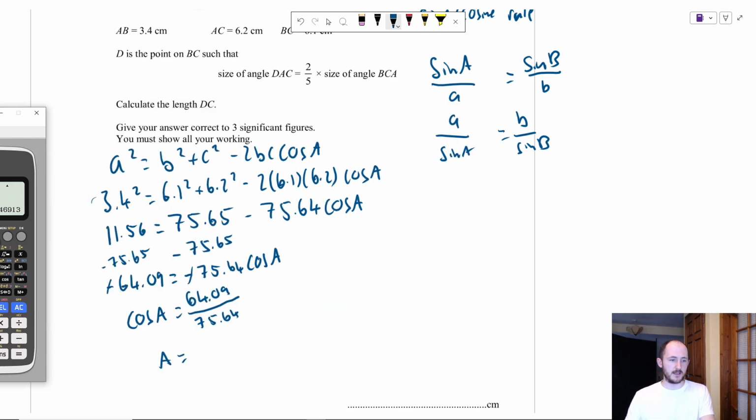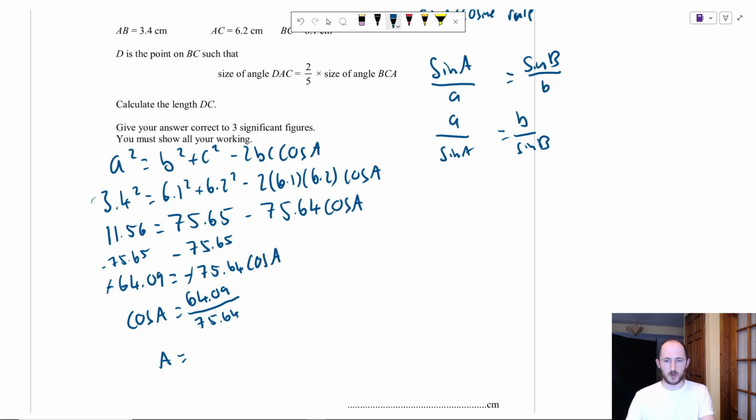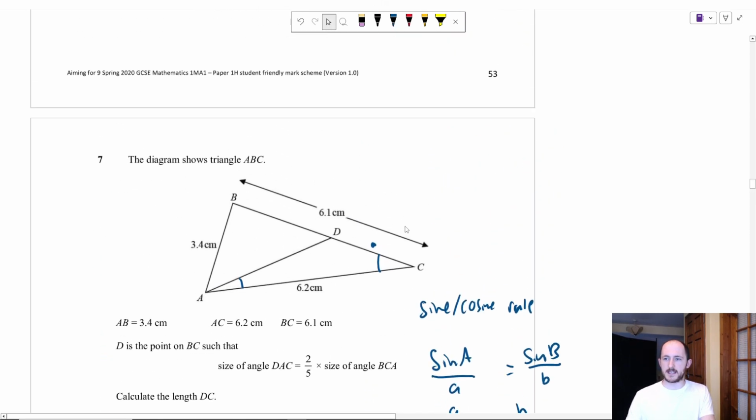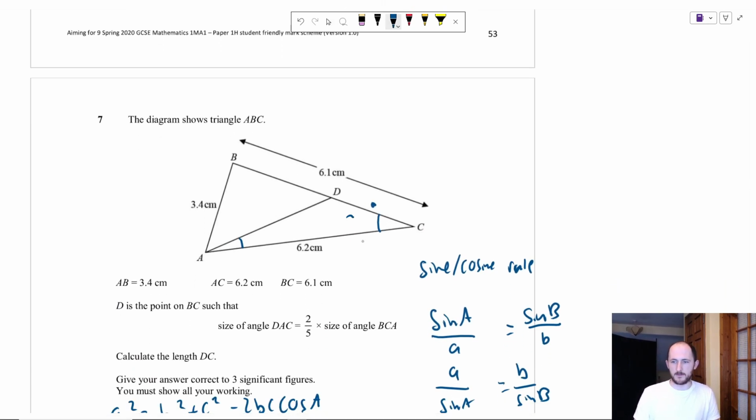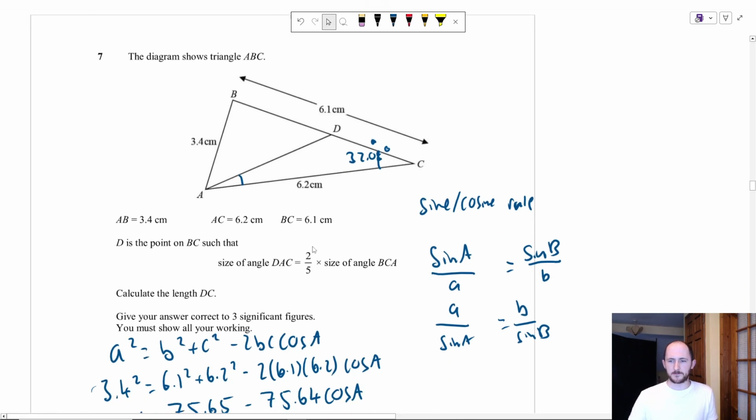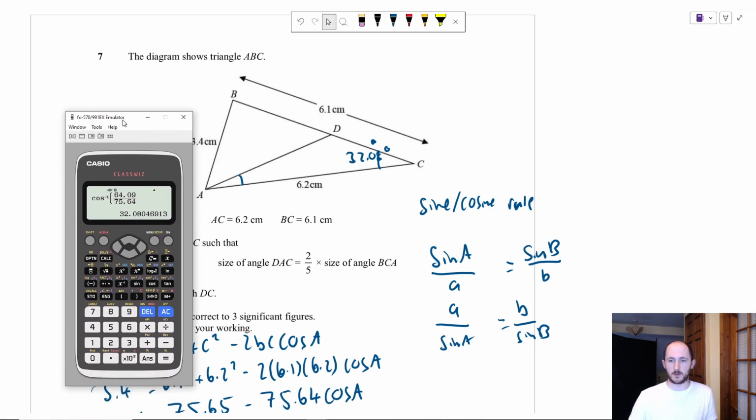So it's 32 degrees, right? Or let's do 32.08 degrees. So that's what this angle is here, 32.08. Now this angle here is 2/5 of that angle, so I'm going to times it by 2/5.